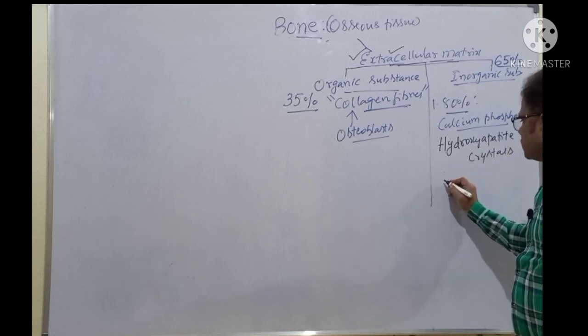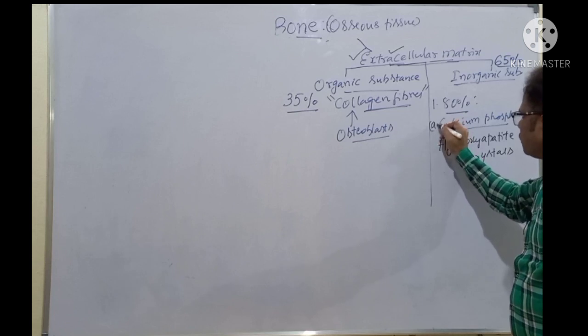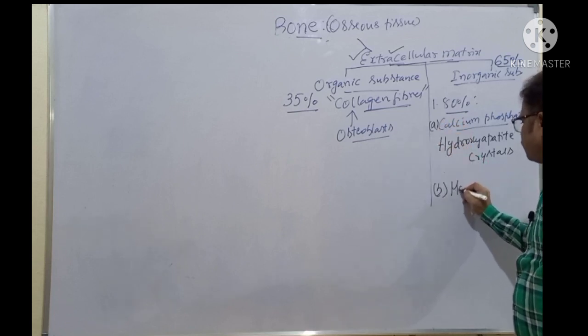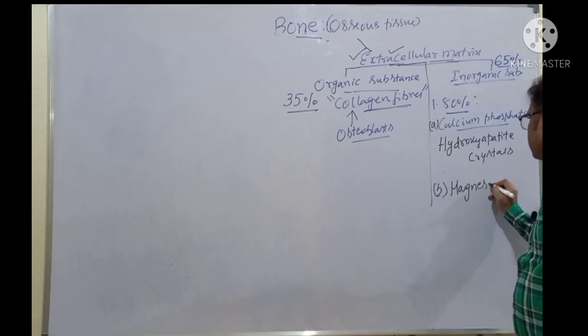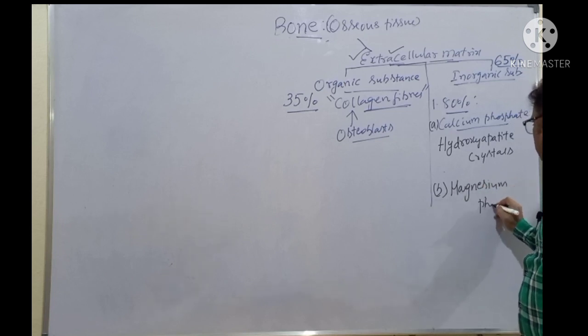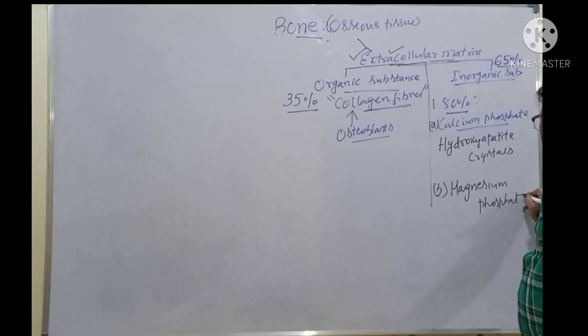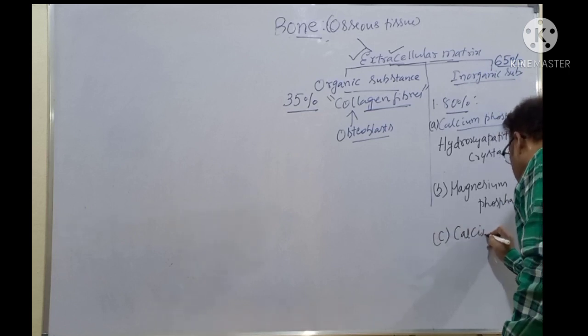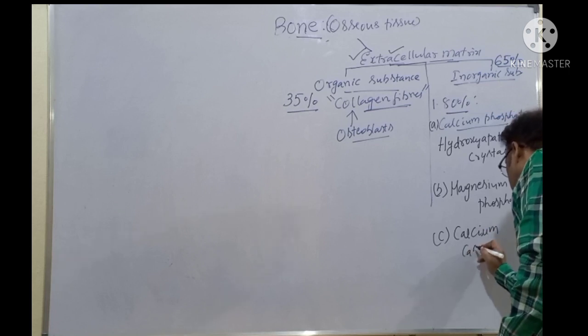So this is the first one. The second one is magnesium phosphate. And the third one is calcium carbonate, CaCO3.